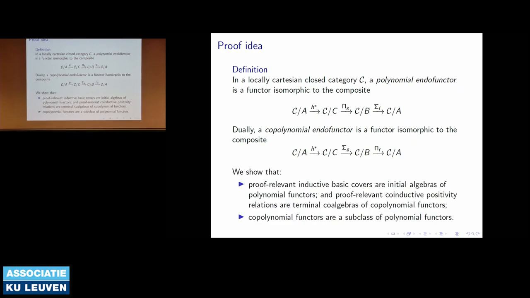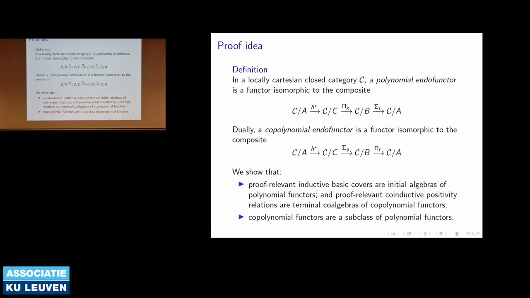And then the two main observations are the following. First, proof-relevant inductive basic covers are initial algebras of polynomial functors, so just as W types. And for this reason, they are totally equivalent. But proof-relevant coinductive positivity relations are terminal coalgebras of copolynomial functors.